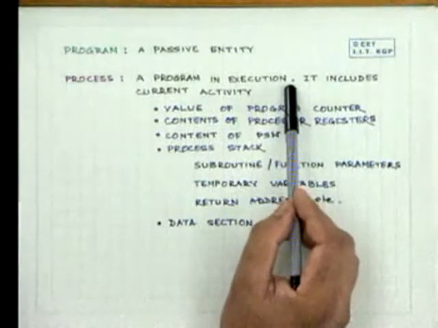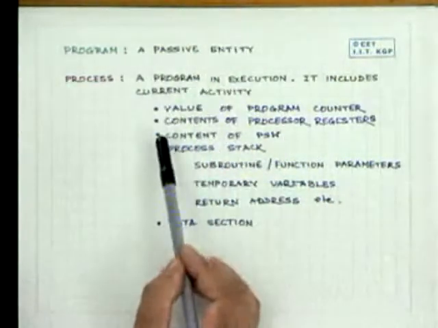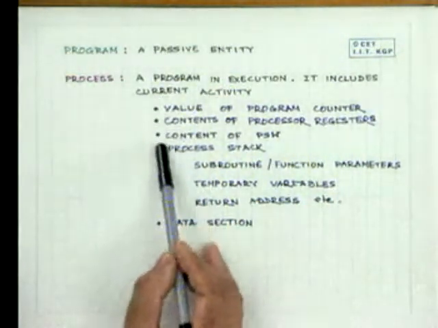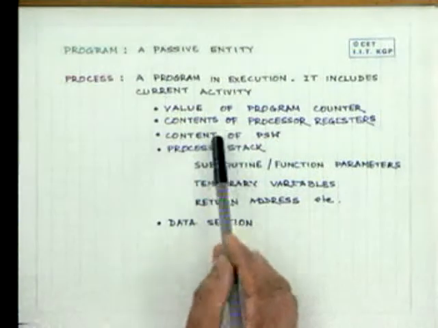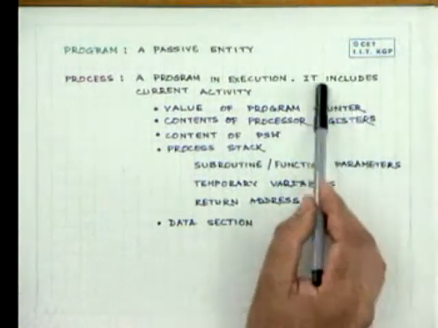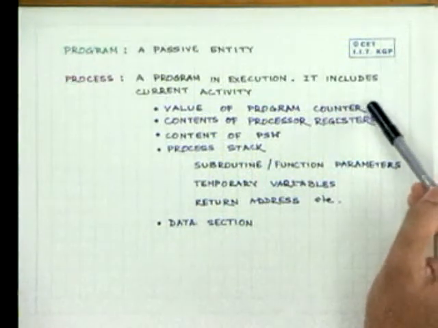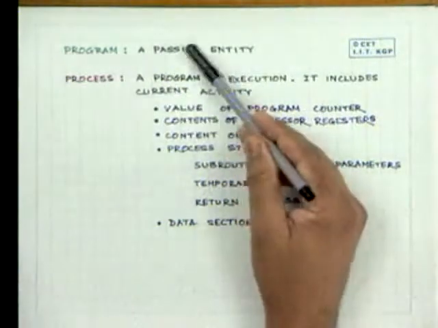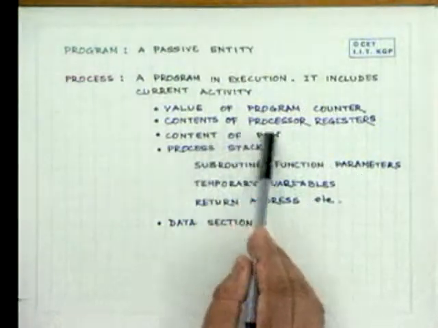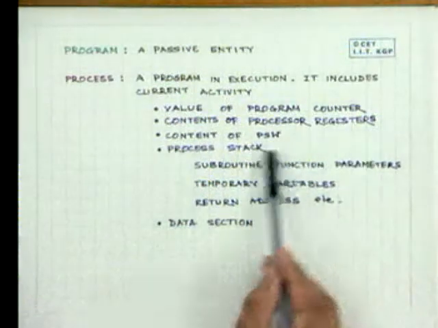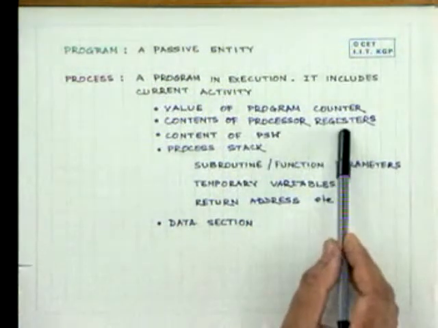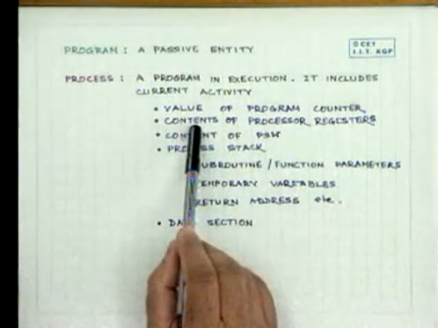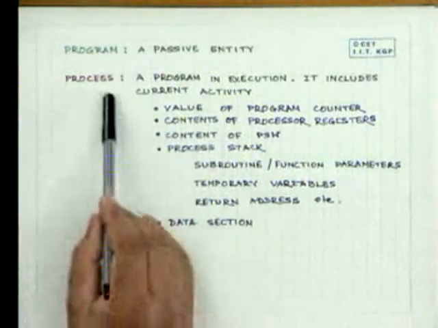Naturally, it has something more than a passive entity, in that it includes the current activity. What does the current activity include? The value of the program counter, since it is executing, is included in the process corresponding to the program. Contents of processor registers, because the processor registers hold intermediate results, are also included in the process.